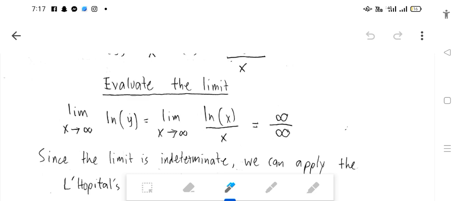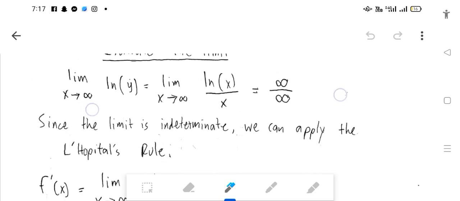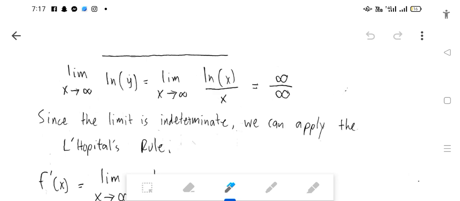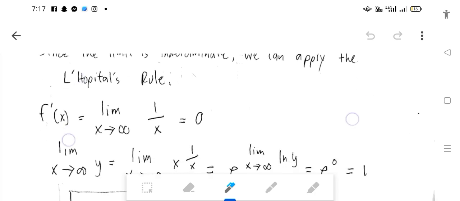So substitute infinity as the x value. We have here infinity over infinity, which is indeterminate. Since the limit is indeterminate, we can apply L'Hopital's rule. So now let's apply L'Hopital's rule.